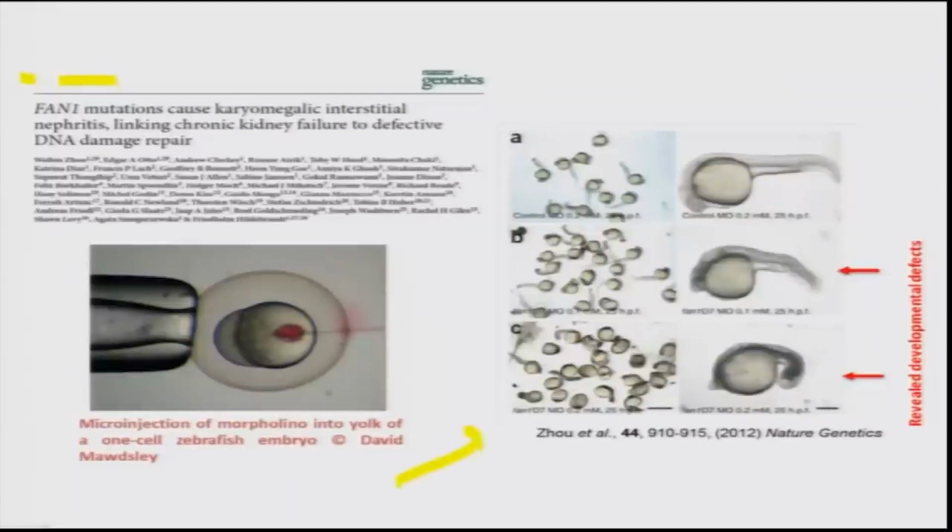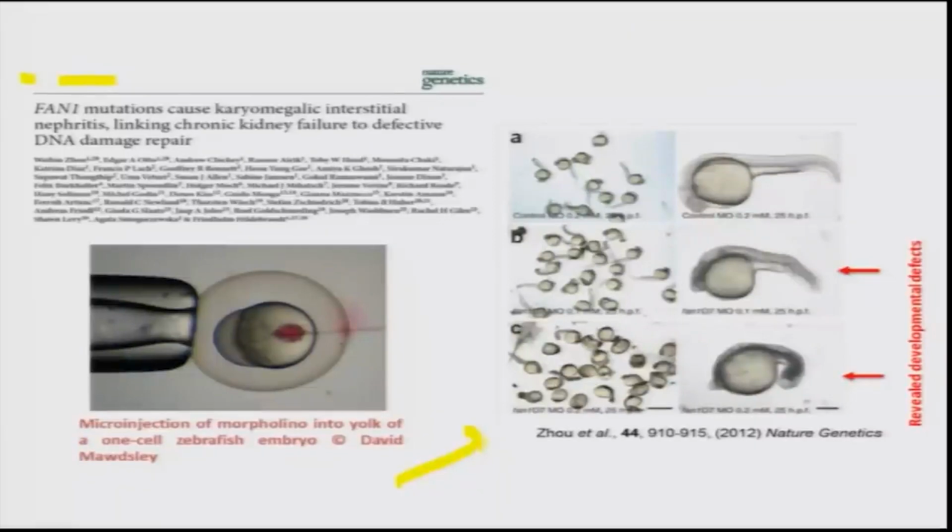So they went to the zebrafish model. They used a morpholino to knock out the gene and looked at how the kidney developed or functioned, and they were able to validate and show that the same gene is involved in human as well as in zebrafish, in the same function, that is how the kidney functions. So that is the power of these approaches.